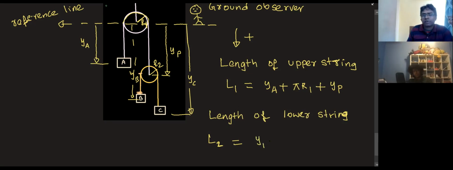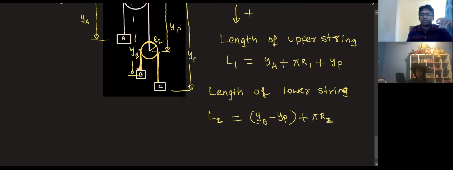I get this portion on top of the pulley, which is pi R2, and then this last portion is YC minus YP.